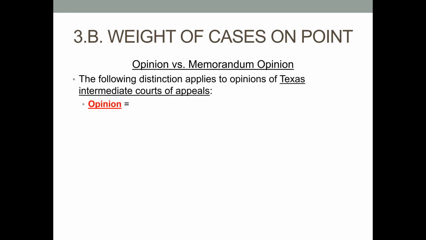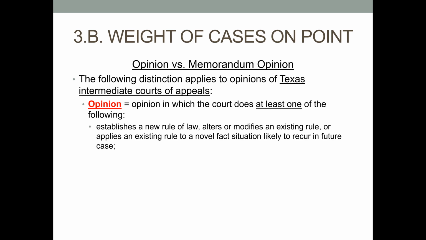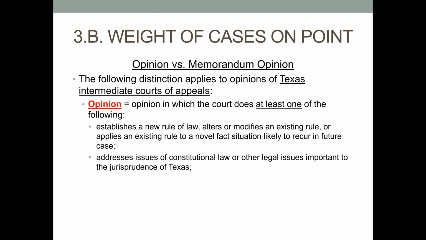In Texas Intermediate Courts of Appeals, an opinion is an opinion in which the Intermediate Court of Appeals does at least one of the following things: establishes a new rule of law, alters or modifies an existing rule, or applies an existing rule to a novel fact situation that is likely to recur in a future case. Or the court addresses issues of constitutional law or other legal issues important to the jurisprudence of Texas.